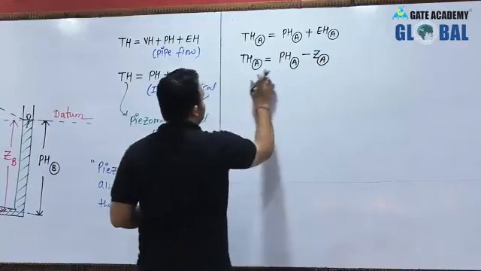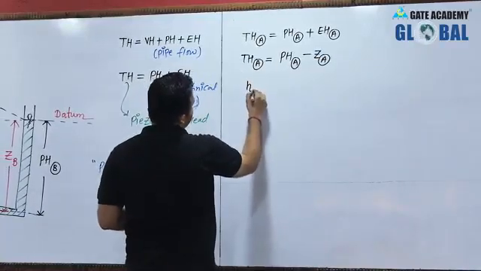This is your total head at A, which can be denoted by small h.